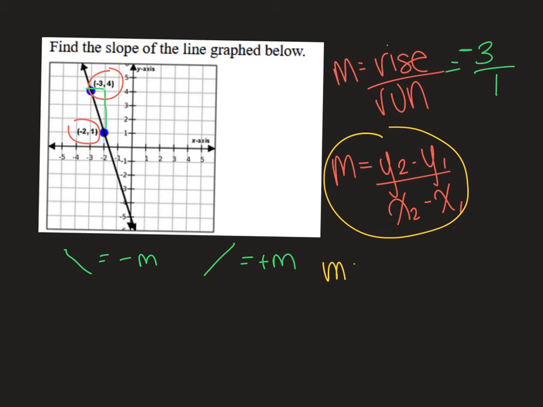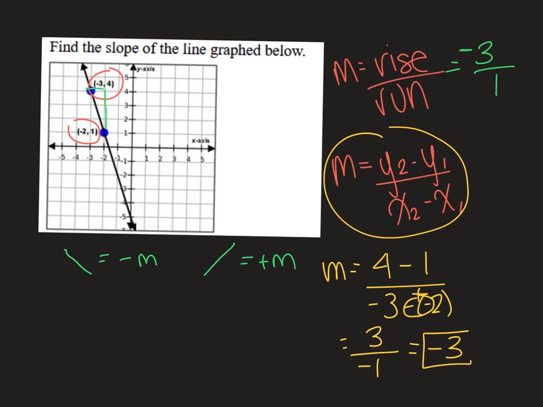So m equals 4 minus 1 over negative 3 minus negative 2. 4 minus 1 is 3, and negative 3 minus a negative 2, remember, this comes together to be positive, so we really have negative 3 plus 2 gives me negative 1, and 3 over negative 1 is negative 3. We get the same answer either way.